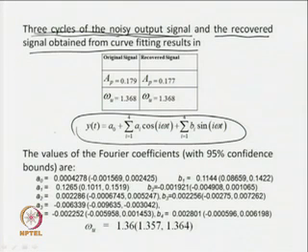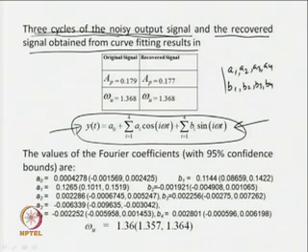When a corrupted signal y t is fitted with the Fourier series given on the right side of this expression, y t is equal to a 0 plus sum of i equal to 1 to 4, a i cos i omega t, plus sum of i equal to 1 to 4, b i sin i omega t, then we get different coefficients like a1, a2, a3 and a4, and similarly b1, b2, b3 and b4.